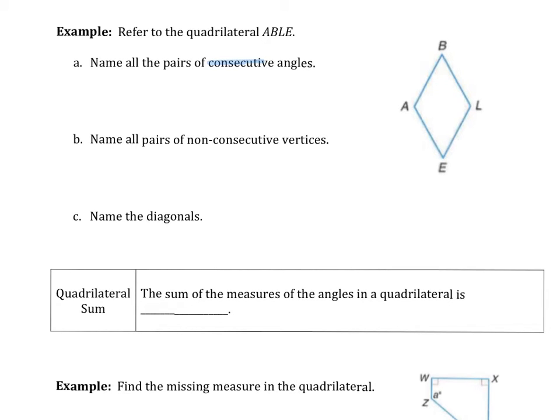So for our consecutive angles, I'll start with angle A, and then I'm going to go up here to angle B. I'll just keep going around my quadrilateral here. Let's erase those. Next one, I'm going to go from angle B and then angle L.